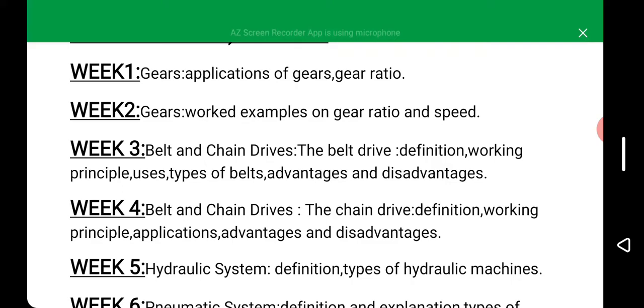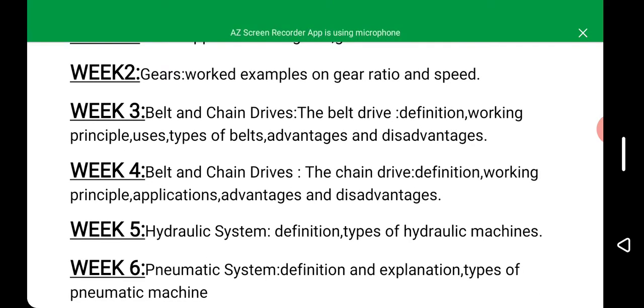The belt drive: the definition, the working principle, uses, types of belt, and advantages and disadvantages of belt drives, which have already been taught in second term JSS2, third term JSS2. Week 4, we are still going to look at the belt and chain drive, where we look at the chain drive, the definition, the working principle, the application, advantages and disadvantages.